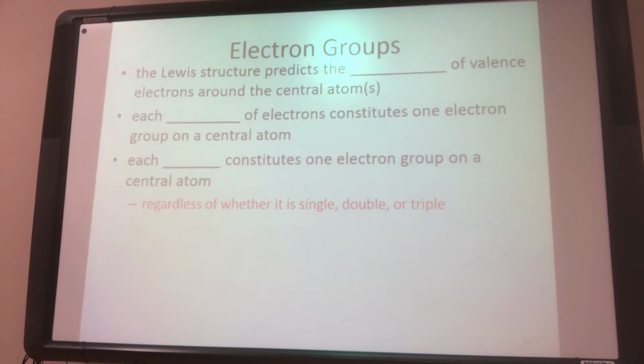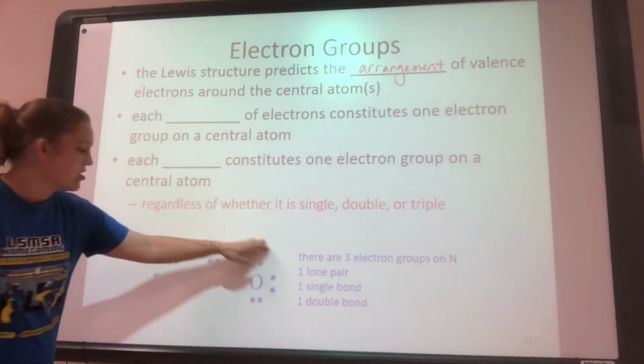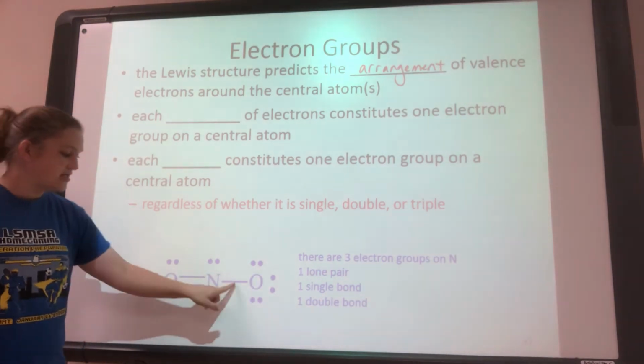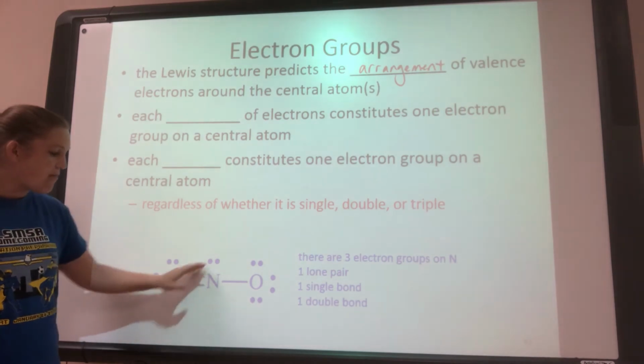All right, so let's talk about our electron groups a little bit more. I've used this word, but remember, an electron group is just a group of electrons. The Lewis structure predicts the arrangement of those valence electrons around the central atom. So here's my Lewis structure. It tells me these are lone electron pairs, these are bonding pairs. So now I know where all my electrons are.